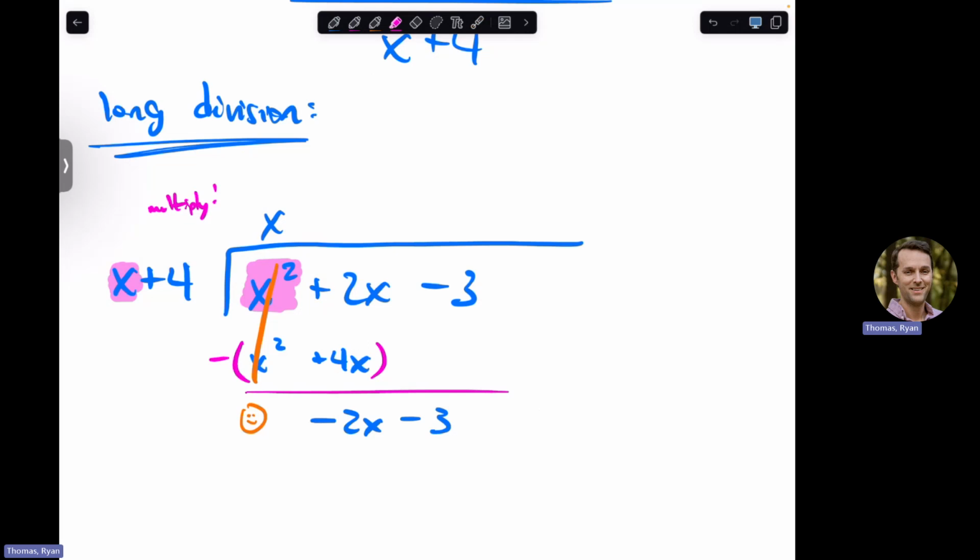So now we look at, again, this and the leading term of the stuff that's left. What would I need to multiply X by to get negative 2X? Negative 2. That's the next piece of the quotient, negative 2.